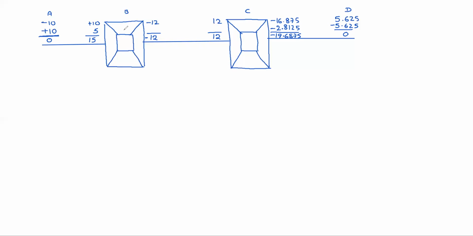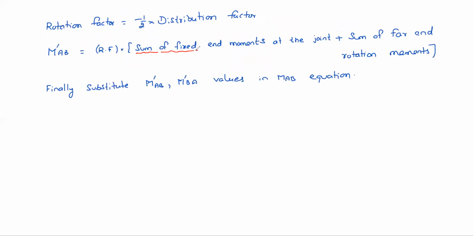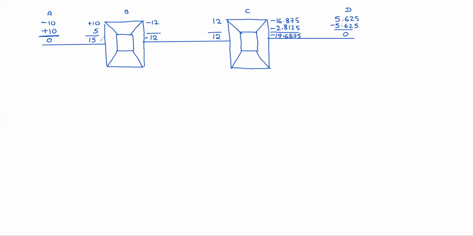Now in our formulation, sum of fixed moments at the joint. Okay. So that sum we put in this central box. See, BA fixed moment is 15 here. BC is 12, minus 12 here. Net is how much? 3 here. How did we get this 3? 15 minus 12.